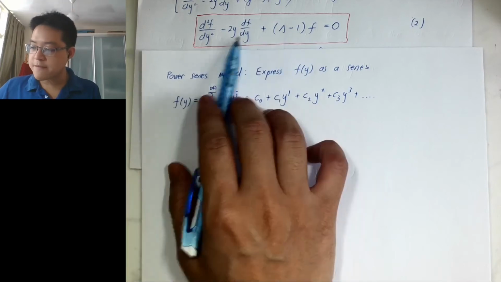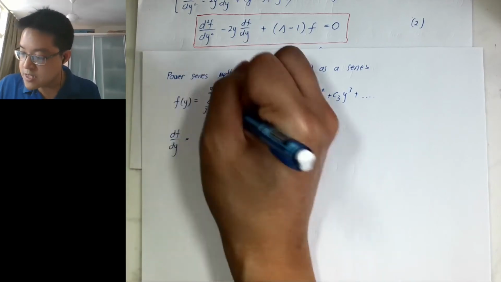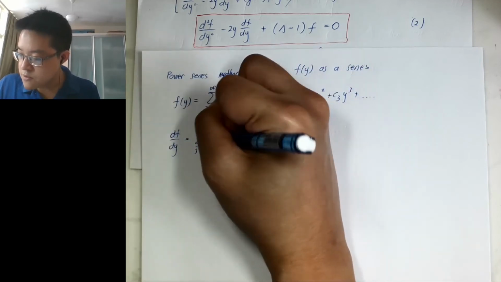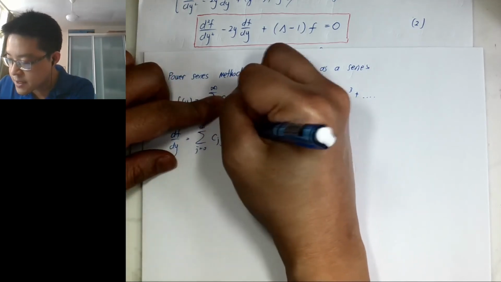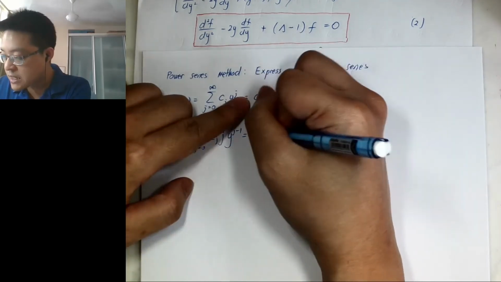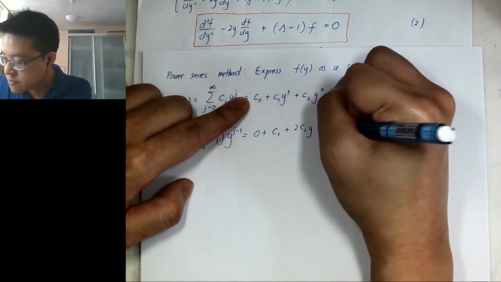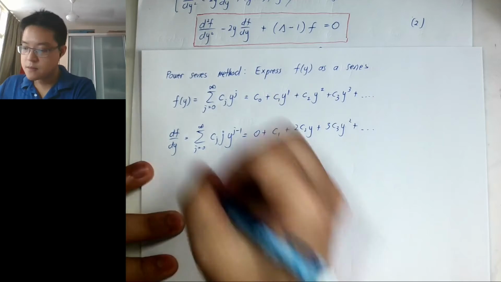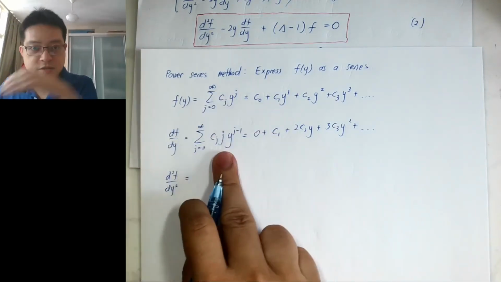So I've got f, and I need to know the derivative as well. So df/dy is just differentiating every term here. If I differentiate y^j, the j comes down and the power becomes j minus 1. If I write out every term, the first is 0, then it is c1 plus 2c2 y plus 3c3 y squared plus and so on. Then for the second derivative, we differentiate one more time.